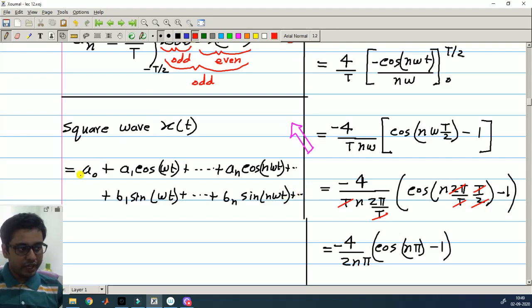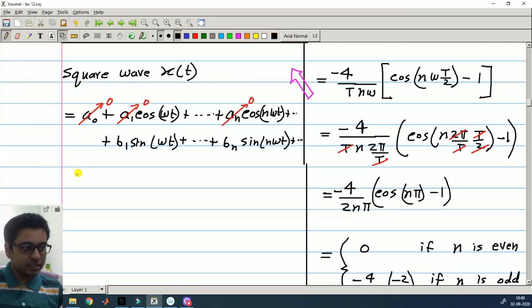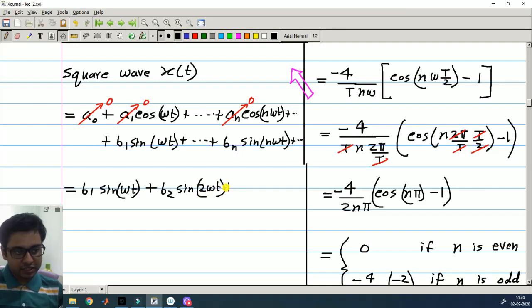Now a0 is 0, a1 is 0, an is 0, all are 0, and you can write this as b1 sine omega t plus b2 sine 2 omega t plus b3 sine 3 omega t, and so on.